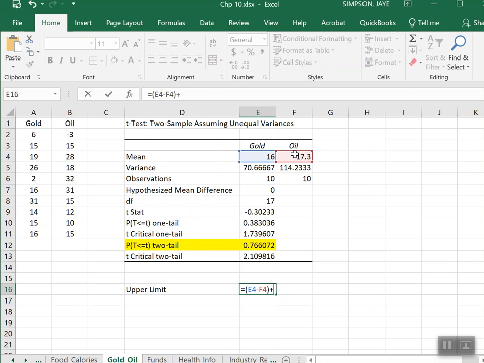Now the t-statistic they've already calculated for us, so that's down here in cell E12, this t-critical two-tail, because this was a two-tailed test, so that's 2.109816. Multiply, use my asterisk to multiply. Now I want the square root of, and this is where we've got to be careful with our parentheses. I want the square root of the whole thing, so I'm going to open two parentheses.